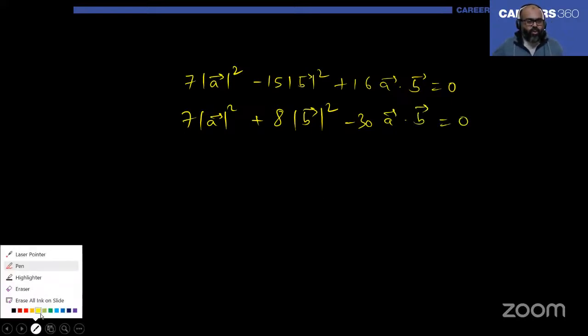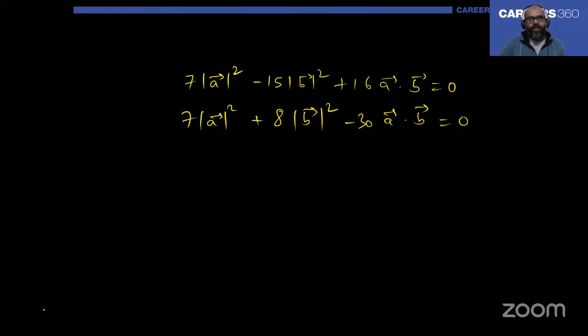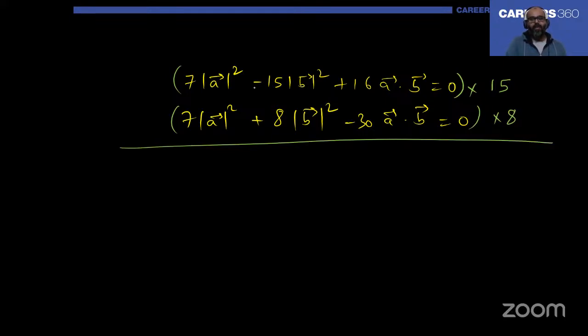Now what we are doing here: if we see the LCM of 30 and 16, it will be 240. So we multiply the first equation with 15, and the second with 8, and then add them up.